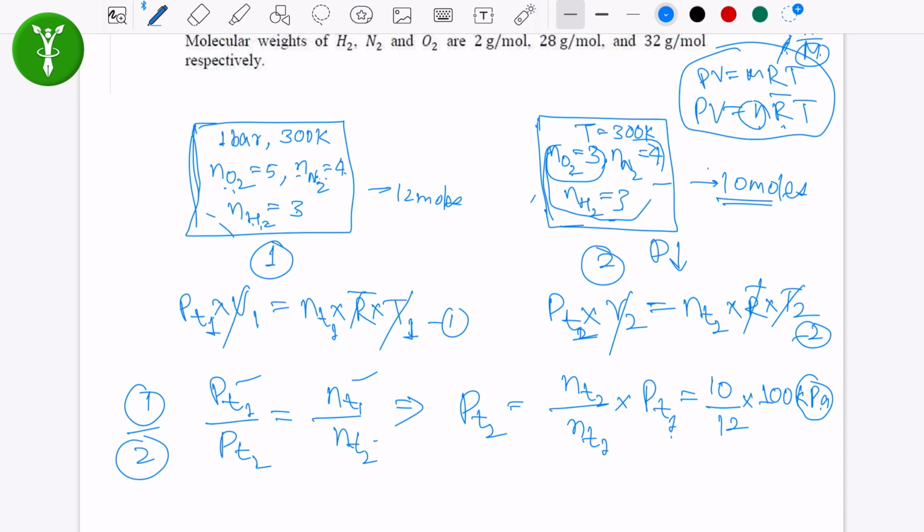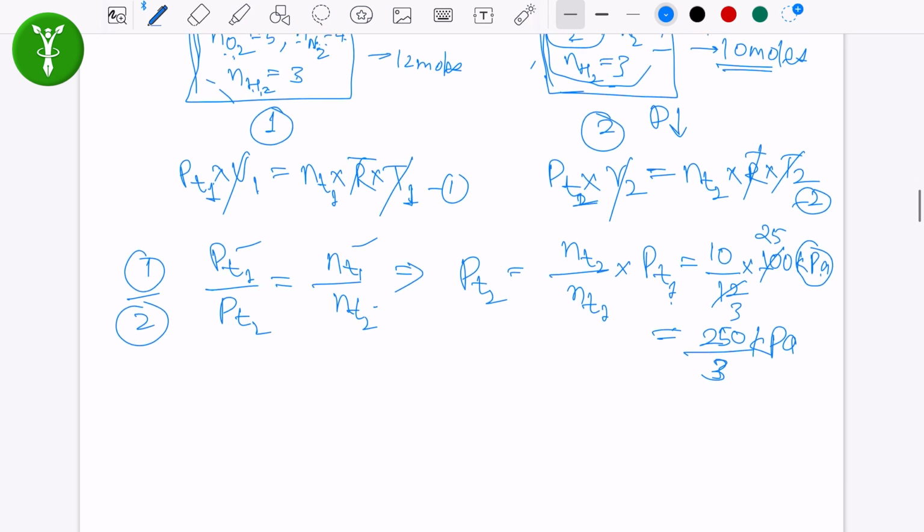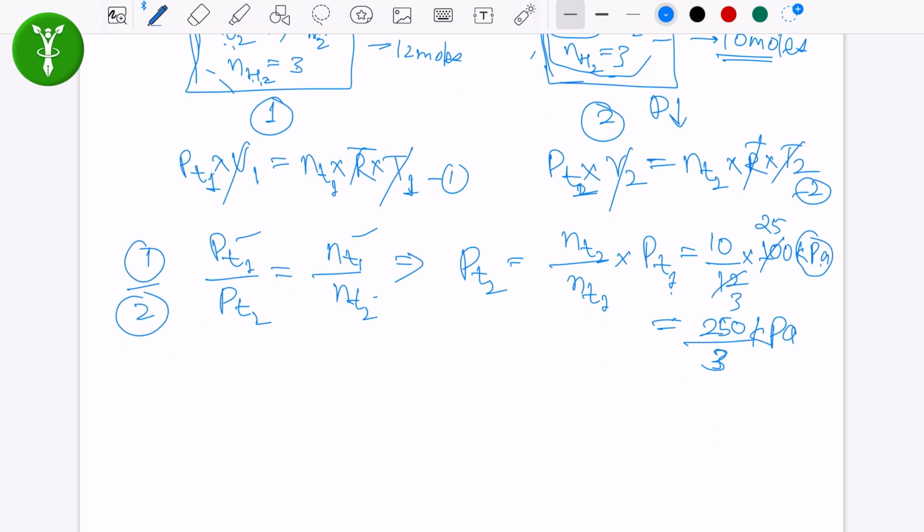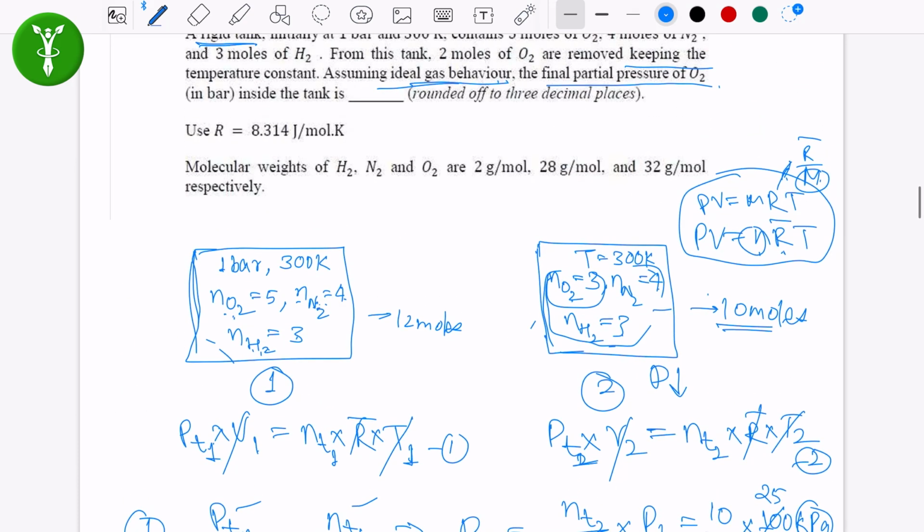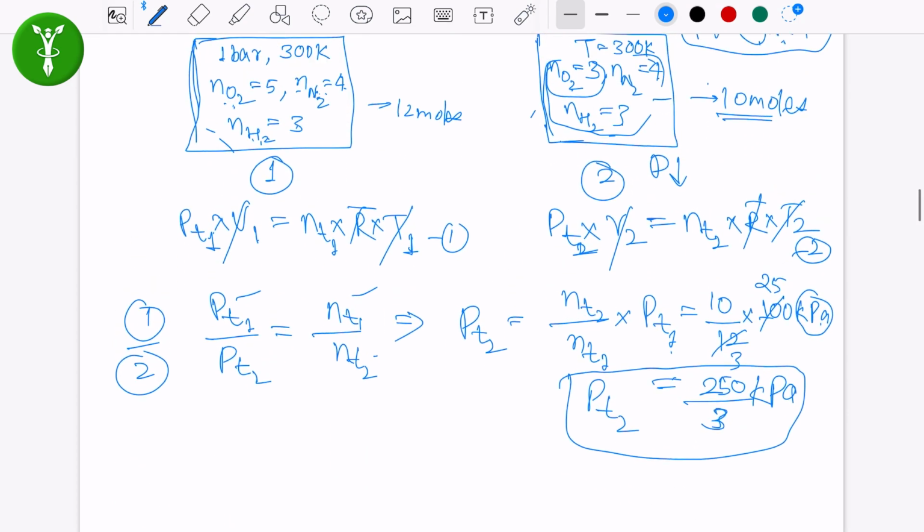So this will be equal to 250 by 3 kilopascal. Let's not convert that into a decimal, let it be in fraction only. Now, writing what we have to find out, the partial pressure of oxygen, let's find the partial pressure of all the gases.